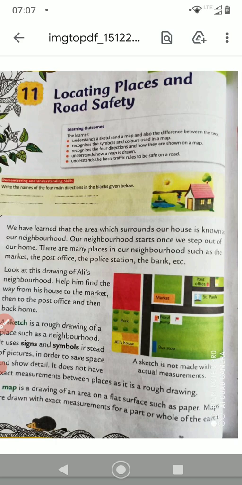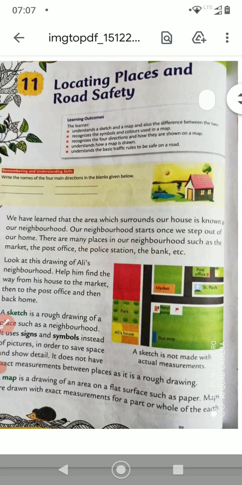Chapter number 11, locating places and road safety. In this chapter, we will learn about the sketch. What is a sketch? What is a map? Then you will learn about different symbols and colors which are used in the map.